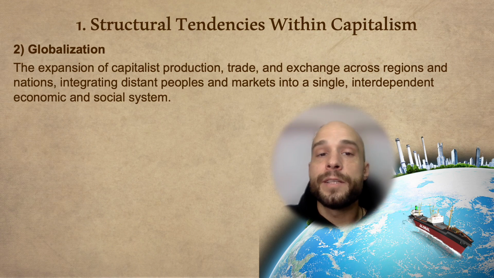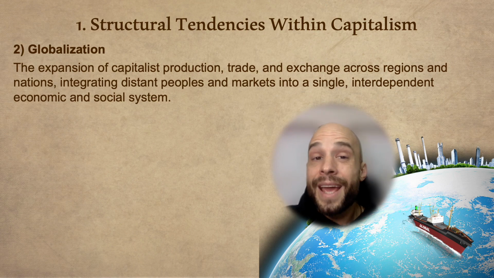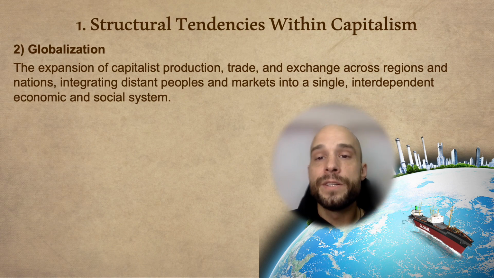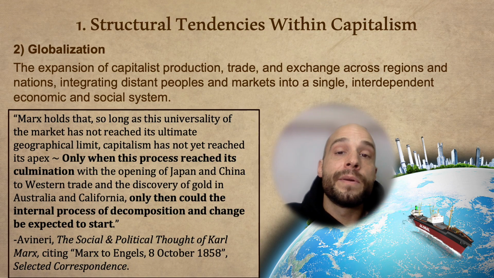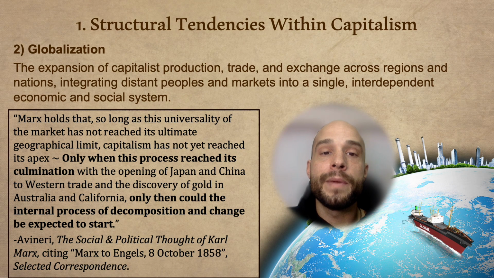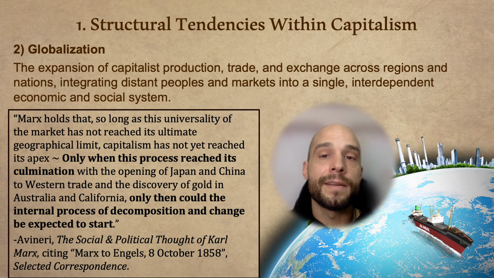As Avineri explains, Marx saw this expansion as structurally necessary. Capitalism cannot reach its full development while large regions of the world remain outside its reach. So Avineri writes, citing Marx, "So long as this universality of the market has not reached its ultimate geographical limit, capitalism has not yet reached its apex.